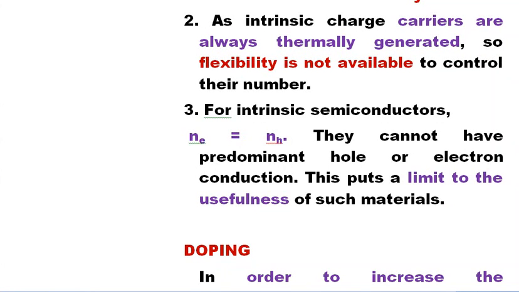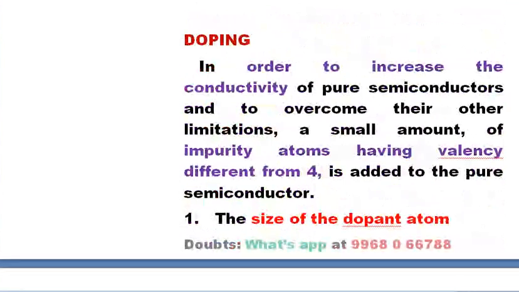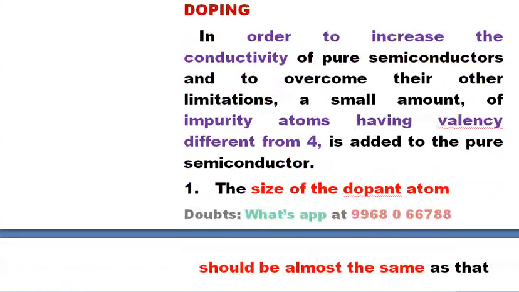Dear students, another type of semiconductor is extrinsic. Extrinsic semiconductors have comparatively more impurities, and in a particular manner we add impurities to an intrinsic semiconductor, hence it is termed an extrinsic semiconductor.